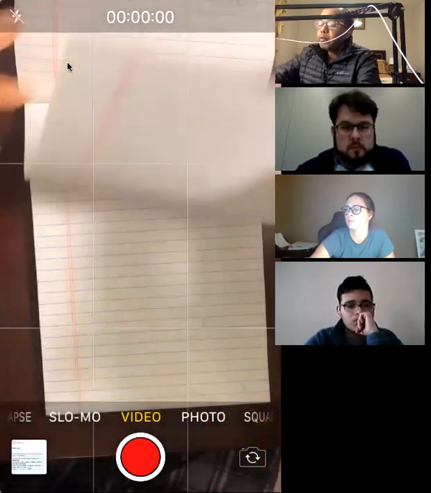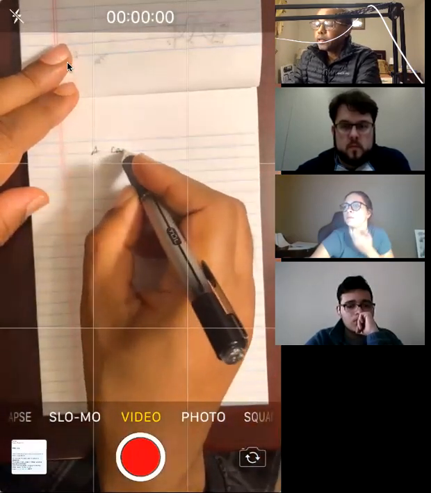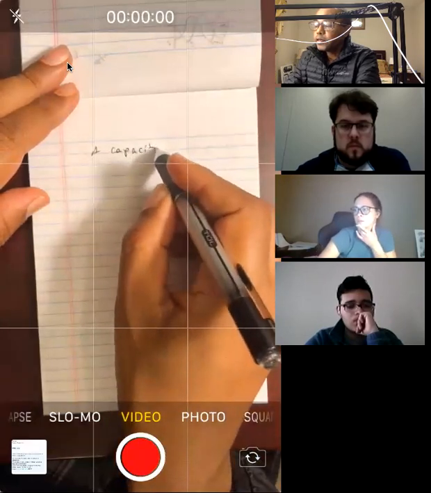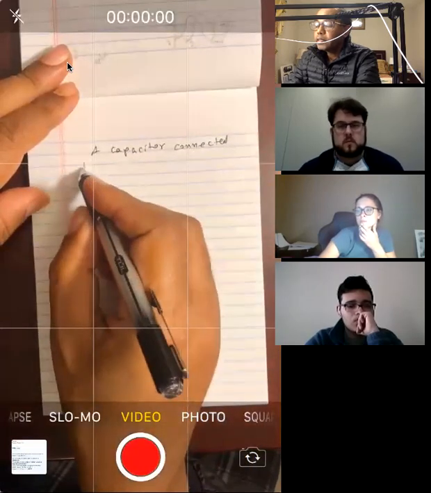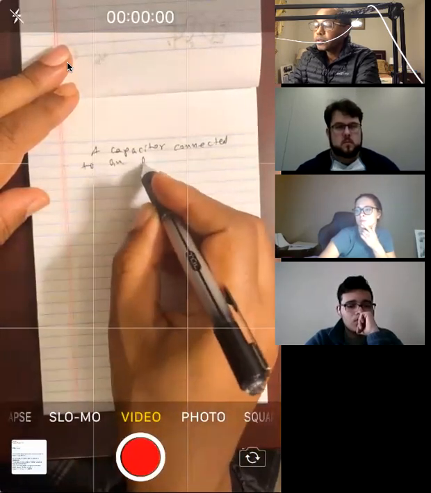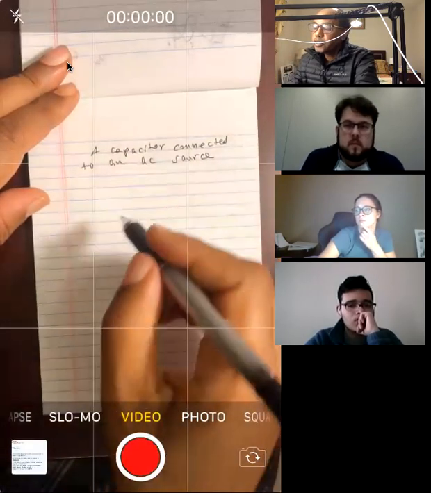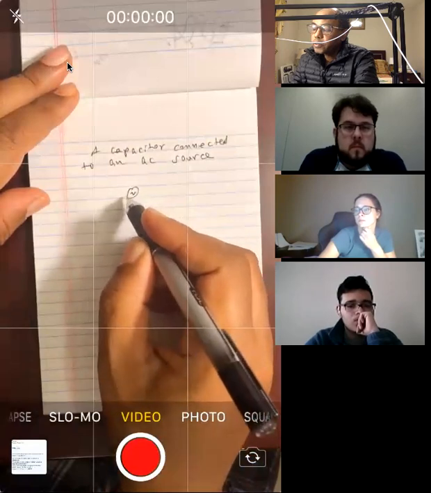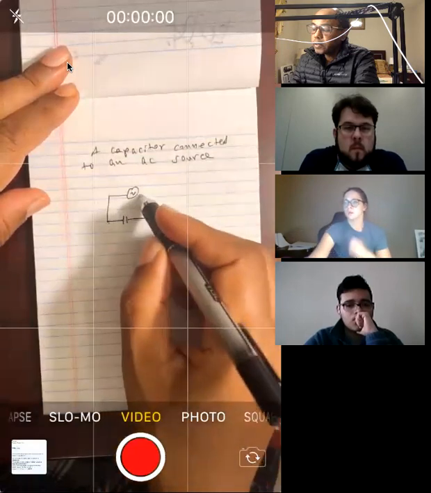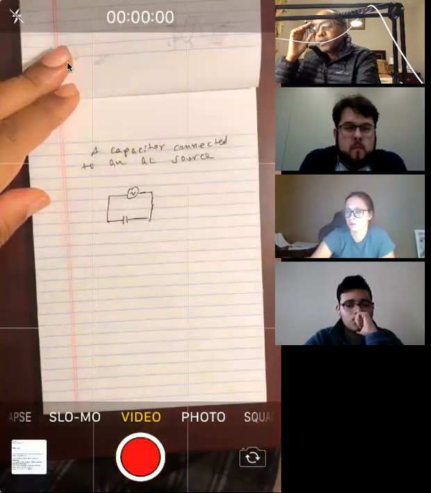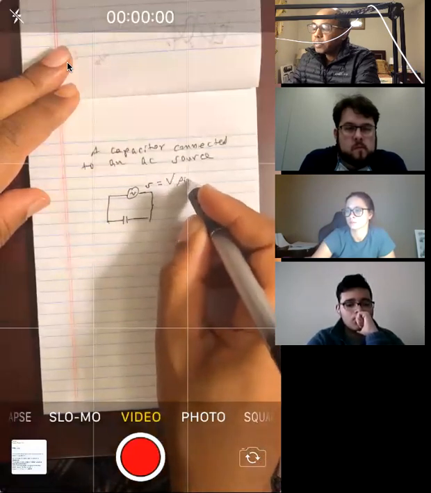And then the other circuit element is a capacitor. So let's look at a capacitor connected to an AC source. In this case, we have the AC source connected to a capacitor. Let the voltage be V sine omega t.